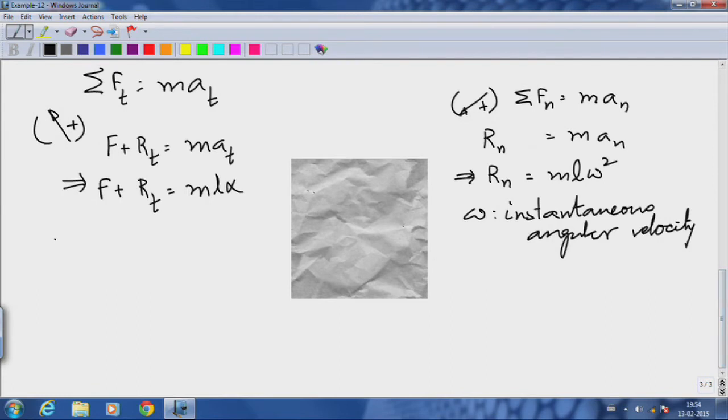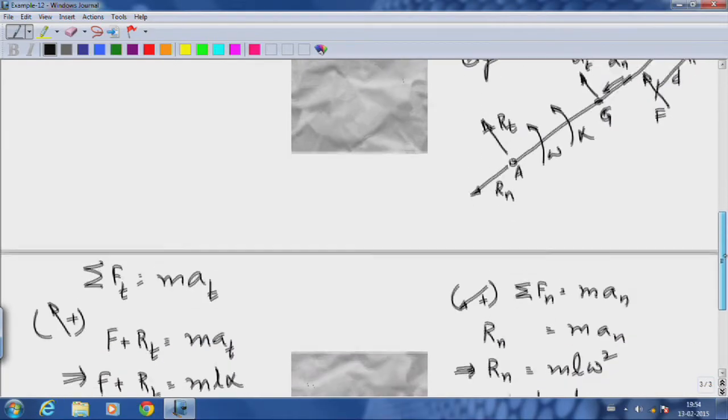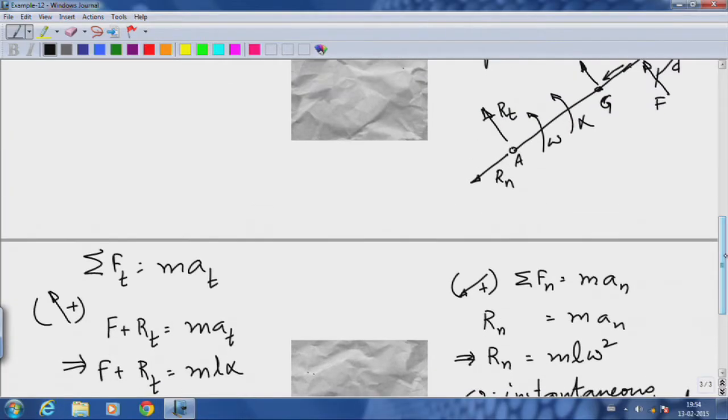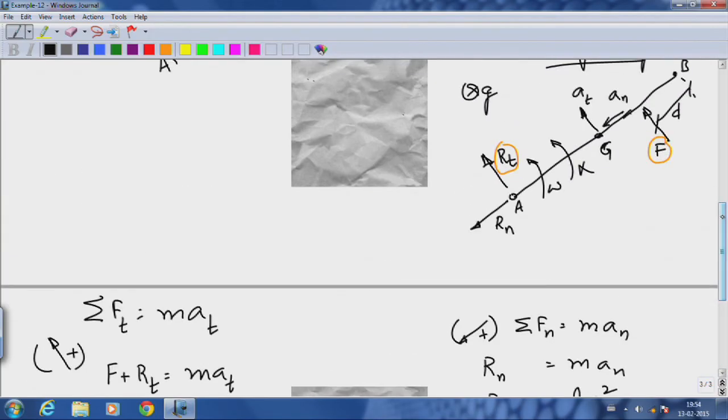Then the last equation we have has to do with the idea that if I say counterclockwise moments positive, moments about G equals Ig times alpha. So, the forces that cause moments about G are RT and F. RT causes a moment, F causes a moment, no other force causes a moment about G. So, RT times L causes a clockwise moment.